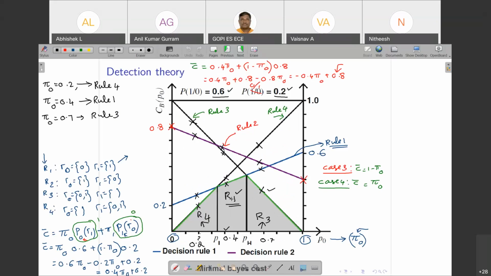So we have the channel characteristics, probability of 1 given 0, that is 0.6. The other way around, it is less than 0.5, that is 0.2 here. This is greater than 0.5 and this is less than 0.5. That way it is chosen. The middle one, rule 1 is coming.